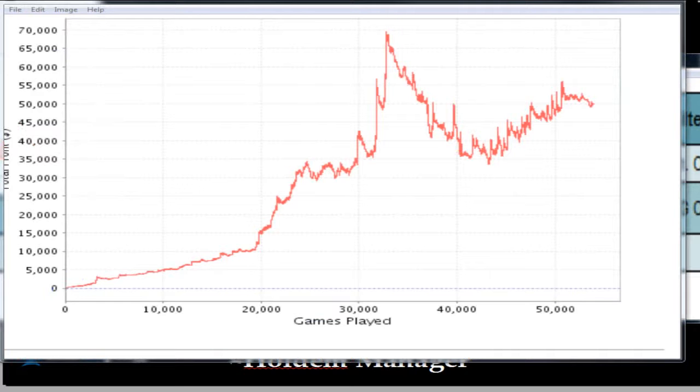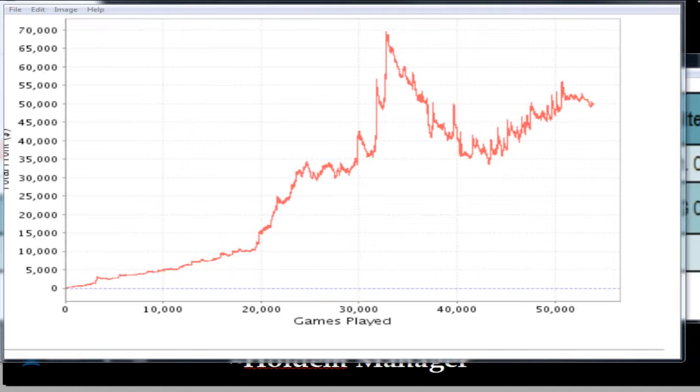As you guys can see, for over 30,000 games, he was on a winning stretch. And then around game 33,000 approximately, he starts an 8,000 games downswing that actually cost him half of his profits. He goes from almost $70,000 in profit to $35,000 in profit. And then he recovers over $15,000 from that.